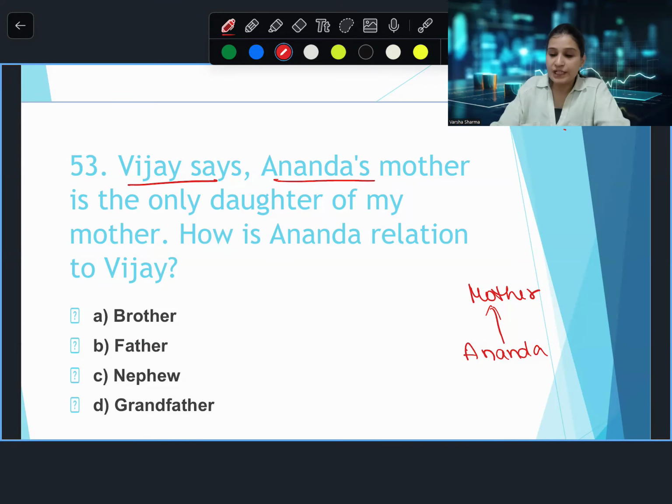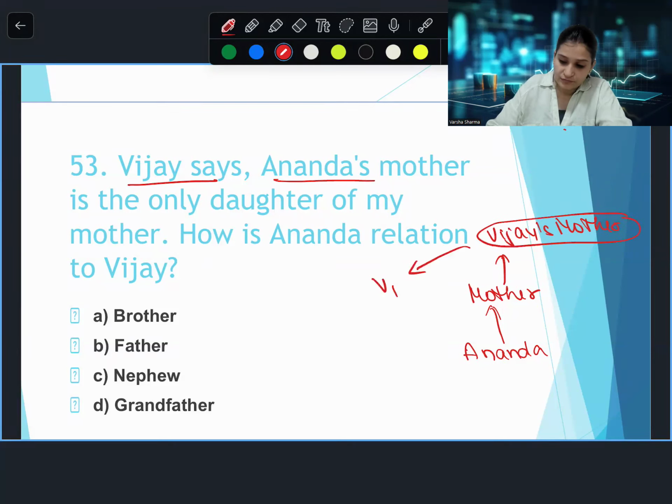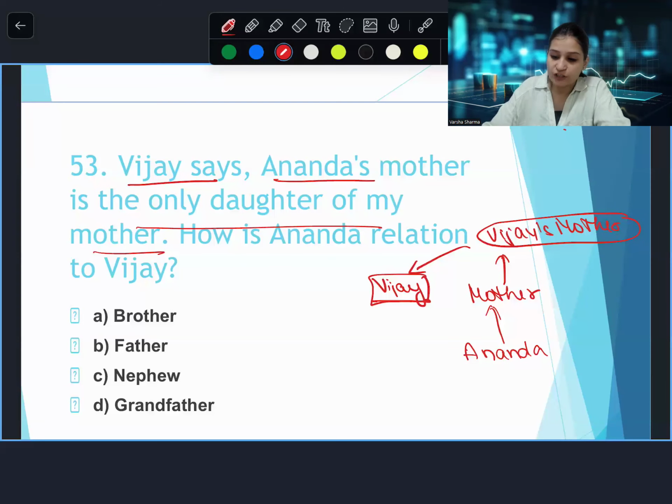Vijay's mother's only daughter. If she is the daughter of Vijay's mother, right? Is this understood? Vijay's mother's only daughter is this person. That means they two are brother and sister.